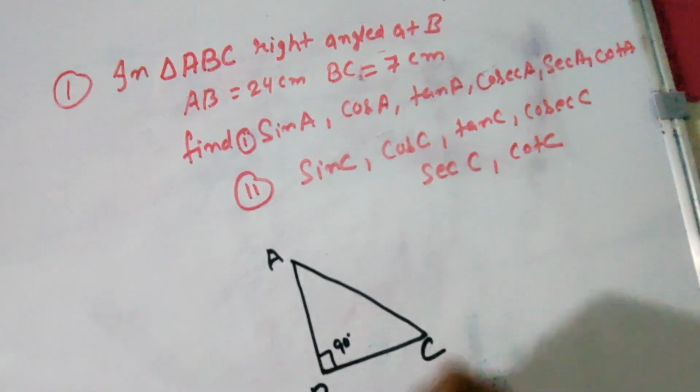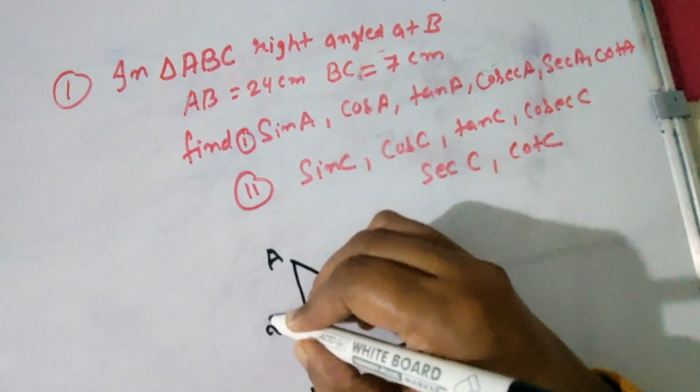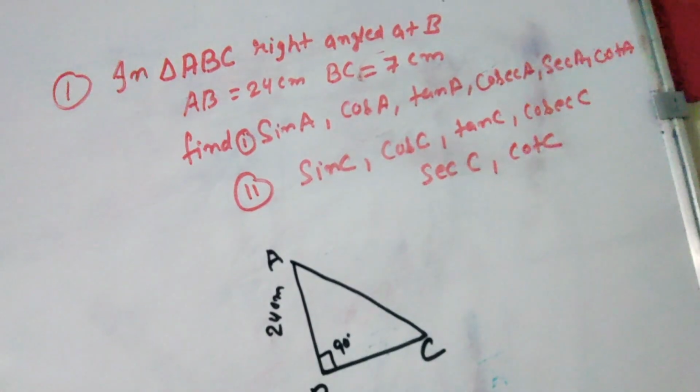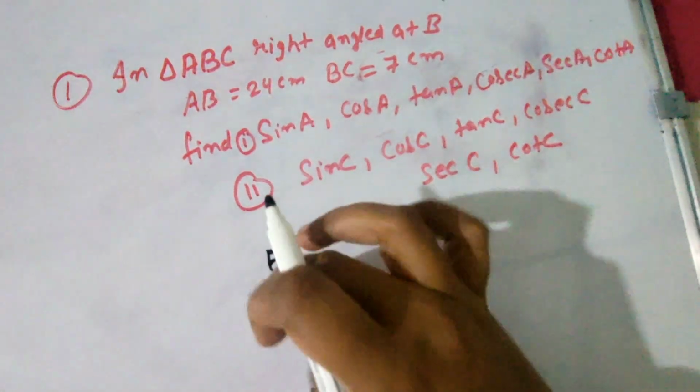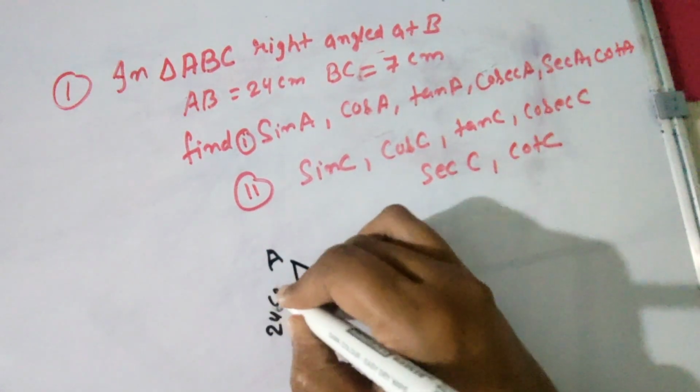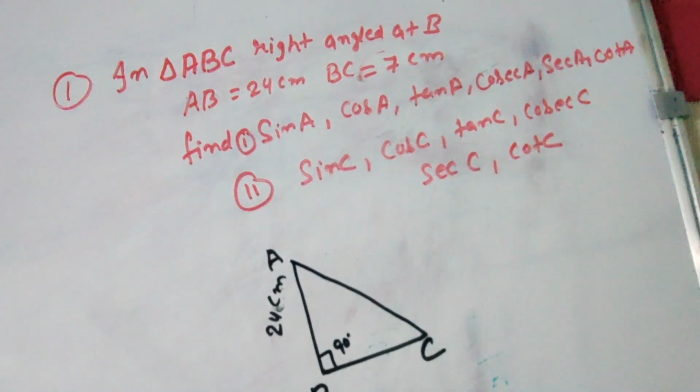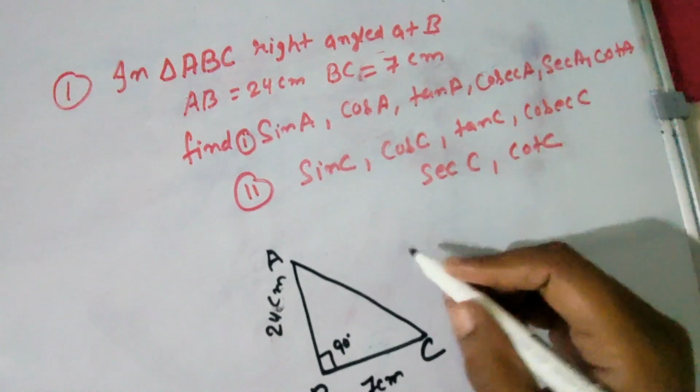Then AB is given, the value of AB is 24 centimeters, and the value of BC is given as 7 centimeters. Then how can we find AC?